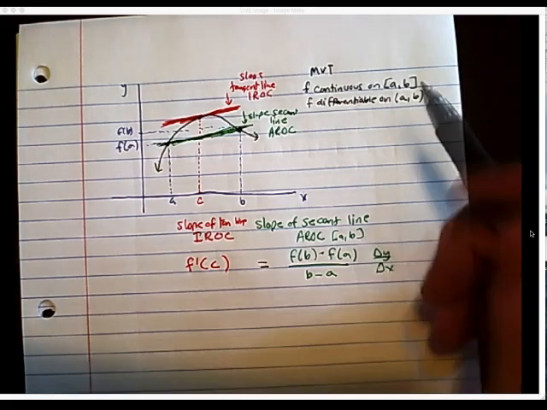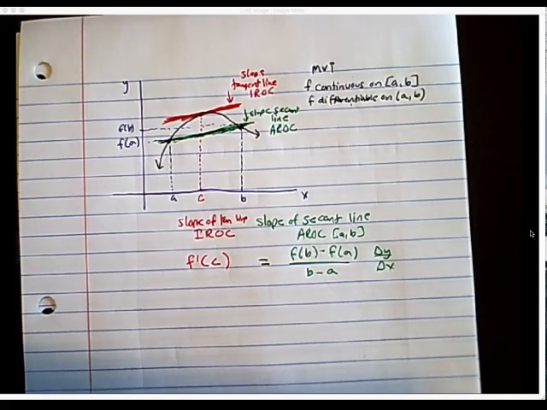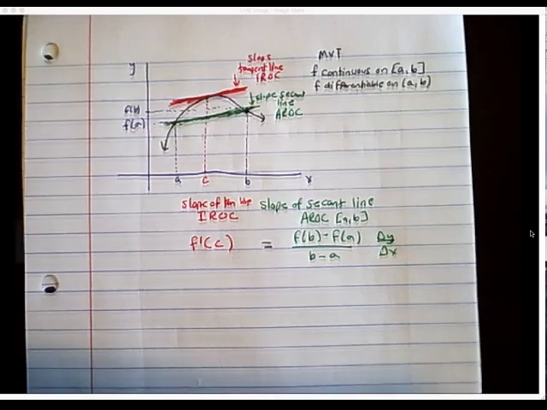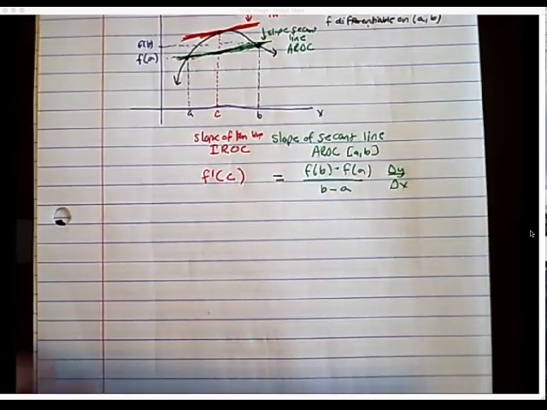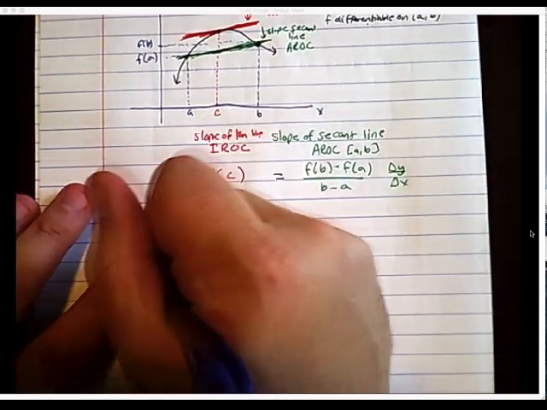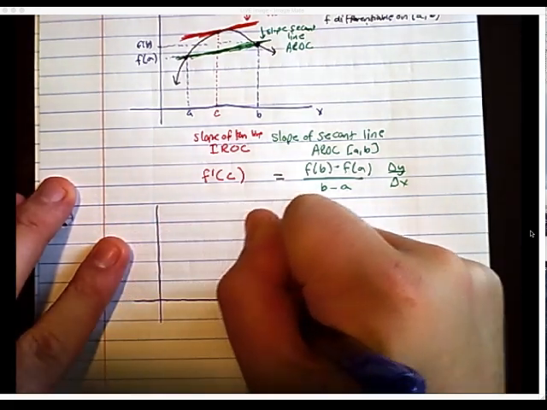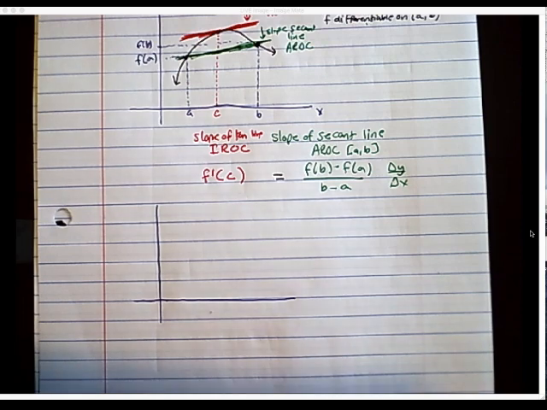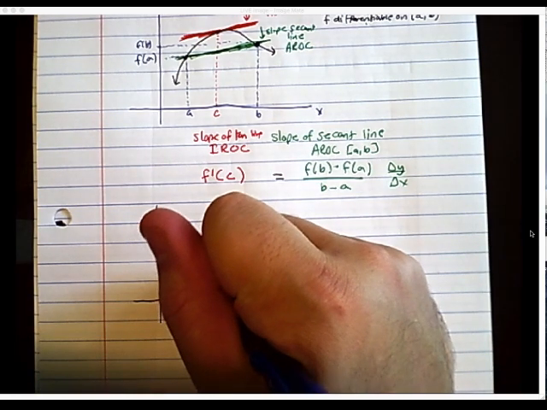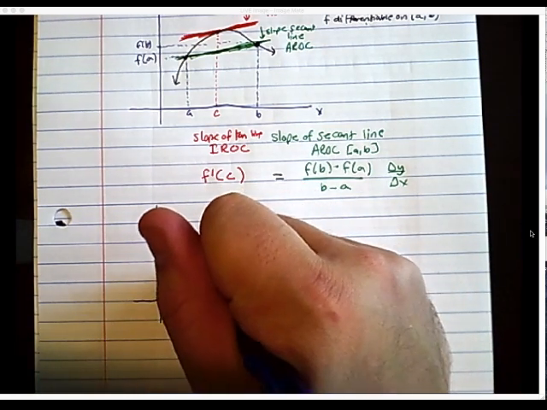Now these conditions have to be met. Let me show you why they have to be met. Let me do another example. Okay, let's say it met the first condition, but it did not meet the second condition.